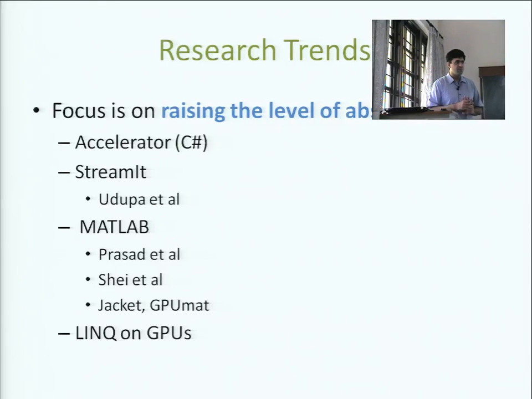Okay. So I hope it's somewhat clear at least how GPUs work and how to program them. Currently, most people in this community feel that the level of abstraction for programming these devices is way too low. It's too error prone.